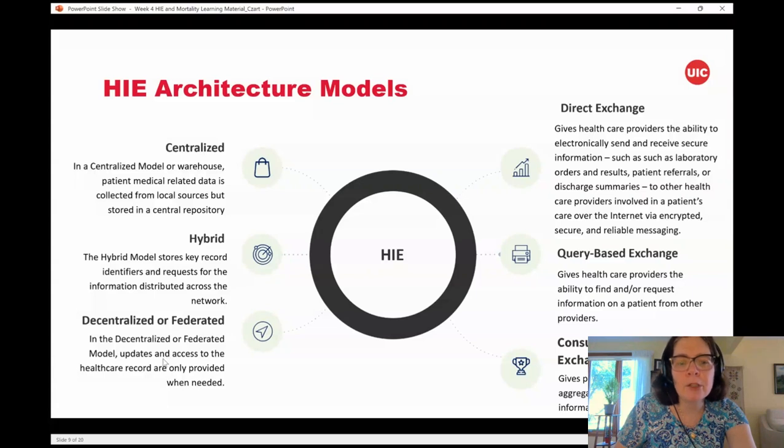Now, decentralized is the architecture that has the least amount of interoperability. There could be particular reasons, say if they are aware of a data breach somewhere in a given area, they may choose to be decentralized until the issue is resolved. Therefore, you may want to consider that. However, decentralized or federated is one of the oldest models because it was basically when health information exchanges first came out.